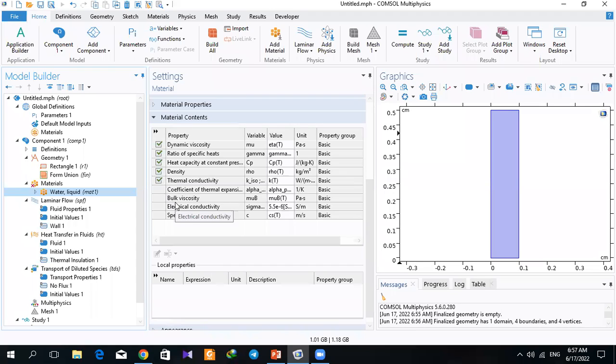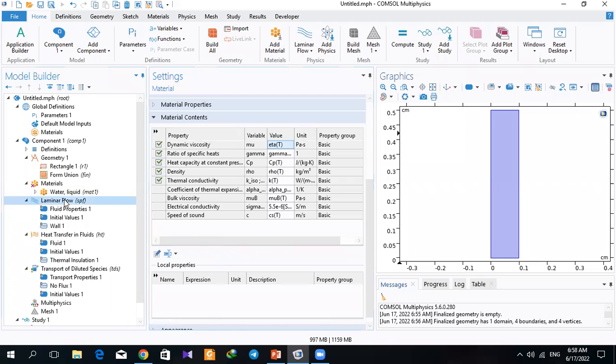So, for example, for bulk viscosity, for electrical conductivity, for speed of sound, we are not going to use these parameters, so they are useless. But we are using dynamic viscosity, specific heat capacity, density, and thermal conductivity, and they are functions of temperature. You can change them anywhere that you want. You can put your function here, or you can just define a constant. But I just define the water here.